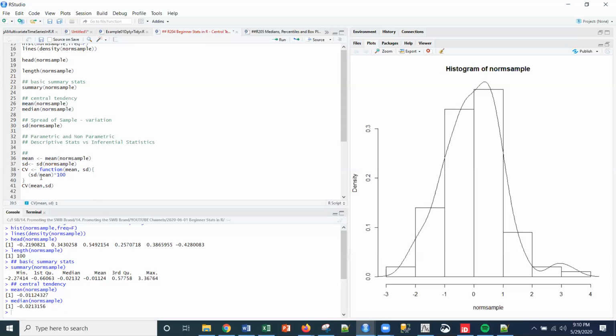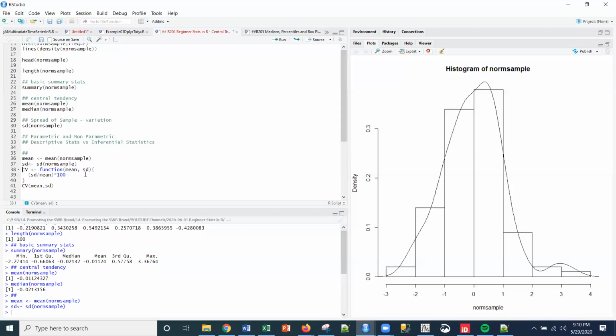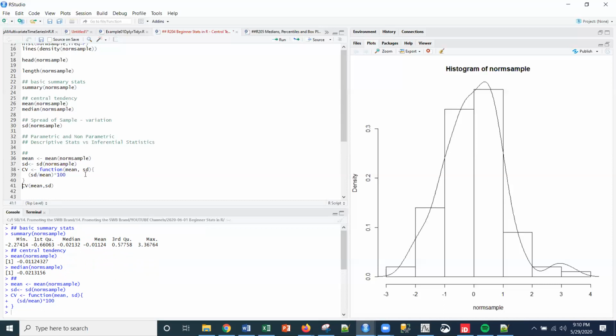The coefficient of variation is the standard deviation divided by the mean. So I define the mean as the average of this normal sample, the standard deviation as the standard deviation of the normal sample, then I create the function right here, and then I compute that coefficient of variation.